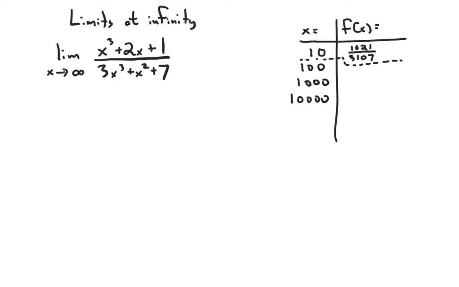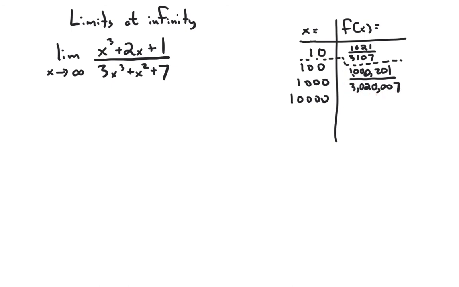So we get the number in the numerator, 1,201 over, and if we plug that in to the denominator, we get 3,020,007. And you can see, well, this number is very, very close to 1,000,000. This number is very, very close to 3,000,000.